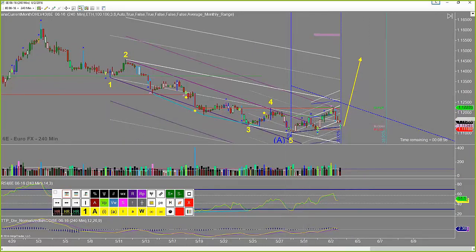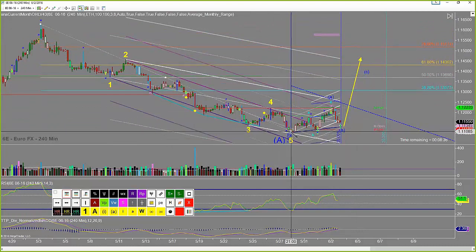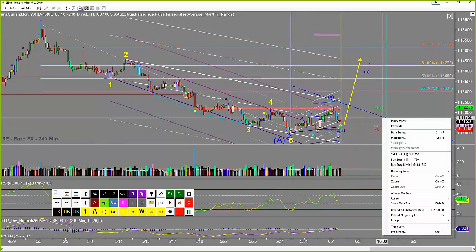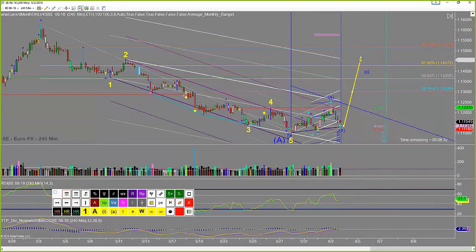We've just got the first 3 of a flat. So that would be your A, B, C, which would be A, and then B, and then a C wave up, which could bring us back to the 50. Or maybe not quite to the 50, maybe only to the 38.2 or in between.